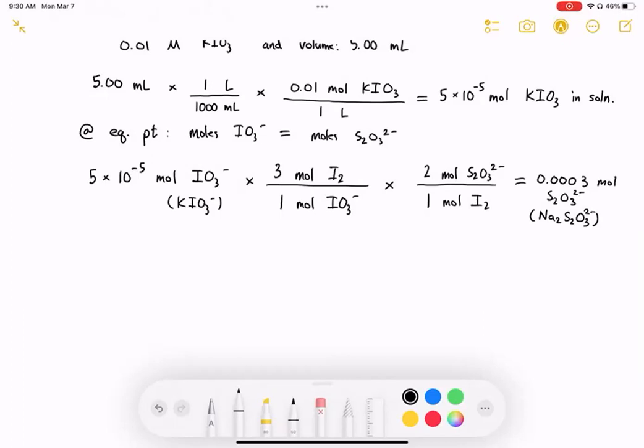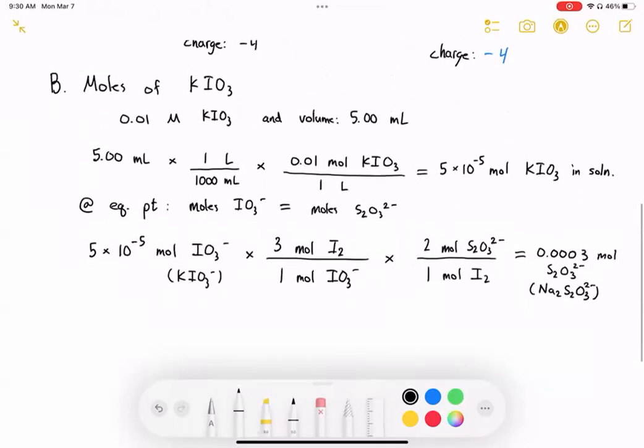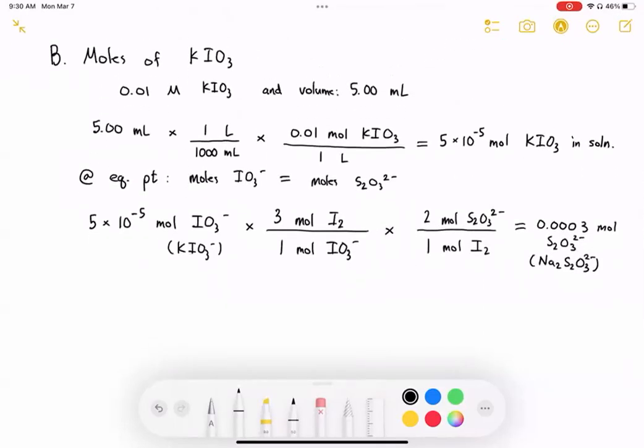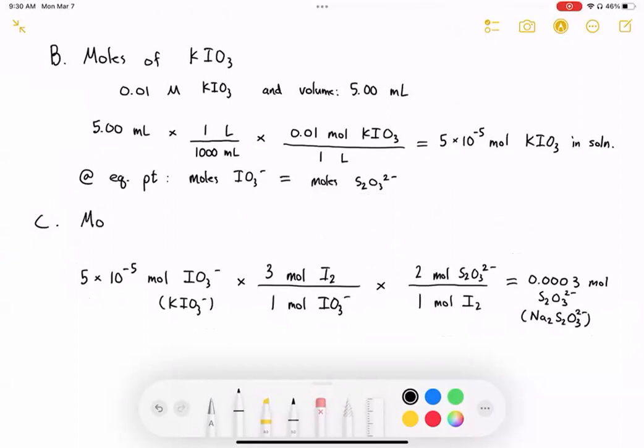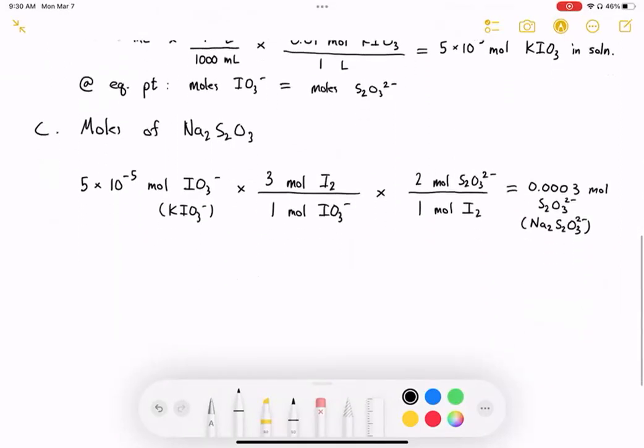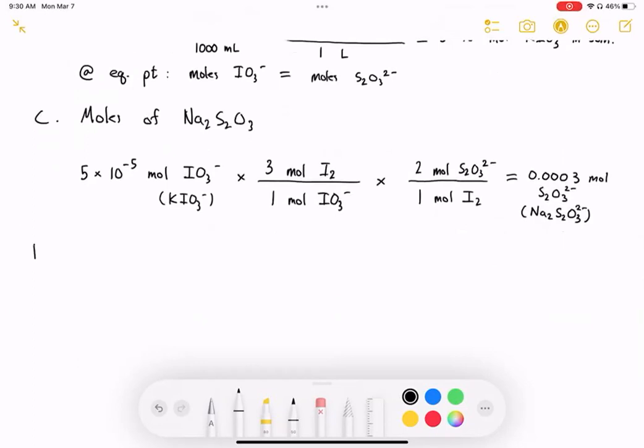Okay. So to determine our molarity, so that's part B. Let's make this part C, moles of sodium thiosulfate. And then part D here is the molarity of sodium thiosulfate.